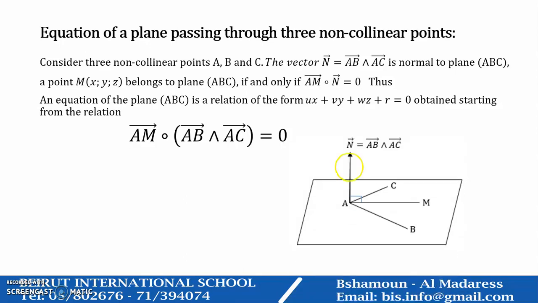So simply, I can replace n by AB cross AC. Then AM dot AB cross AC equals 0.